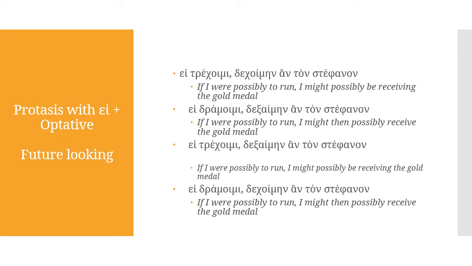It depends upon what's happening in the protasis. Four combinations: the first component, the protasis, tends to have to do with the relationship between the two actions. The second one, the apodosis, the choice between present and aorist optatives, tends to be aspectual based on that action alone. This is where the protasis is future looking.